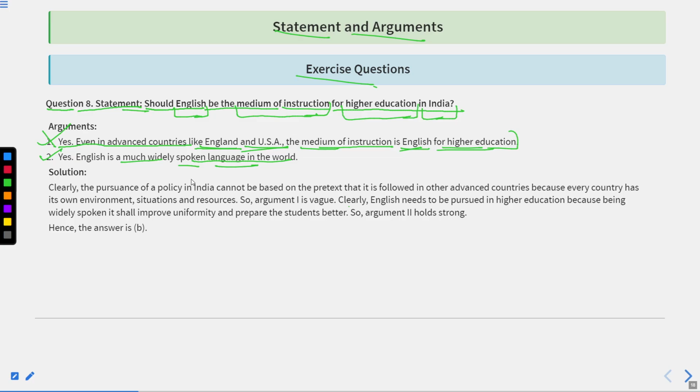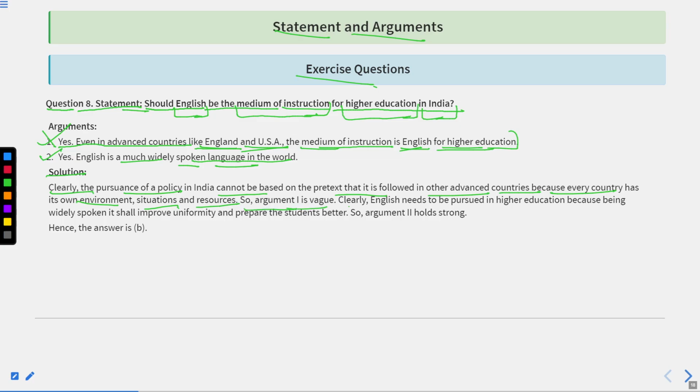Yes, it is. And if you are pursuing higher education through this particular language, then it is going to be beneficial. So the solution is saying clearly that the pursuance of policy in India cannot be based on the pretext that it is followed in other advanced countries, because every country has its own environment, situation and resources.